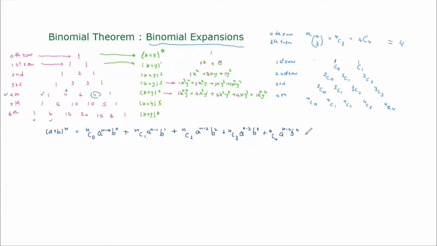And you just keep writing until the nth term. So the last term is going to be nCn, a^(n-n), same pattern, okay, and then b to the power n here at the bottom.